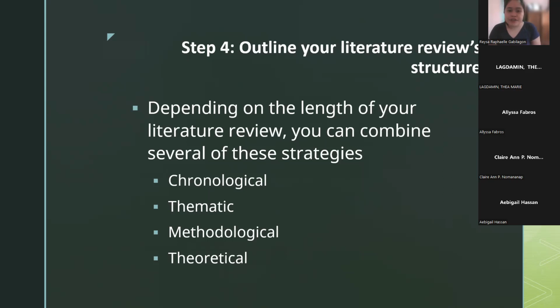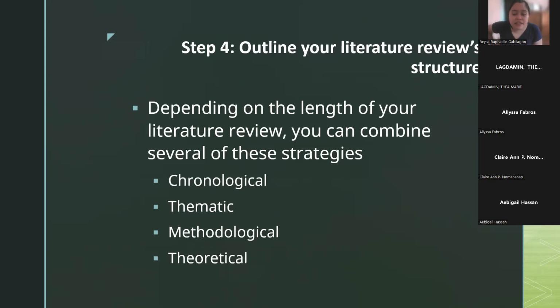It's up to your research problem. Okay? That depends on your research topic. But you may choose from the following strategies on how you are going to write your literature review. It can be chronological, thematic, methodological, or theoretical. It can be one or a combination of these strategies.